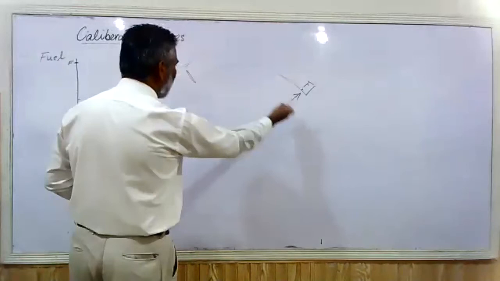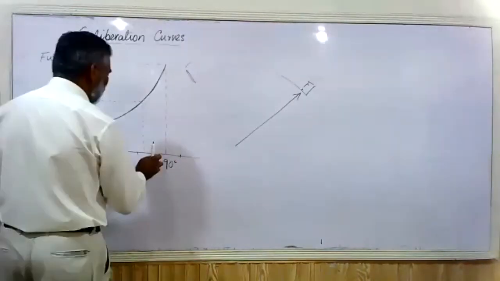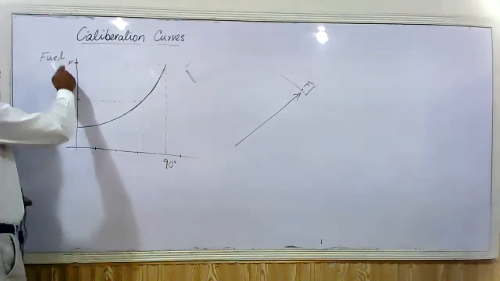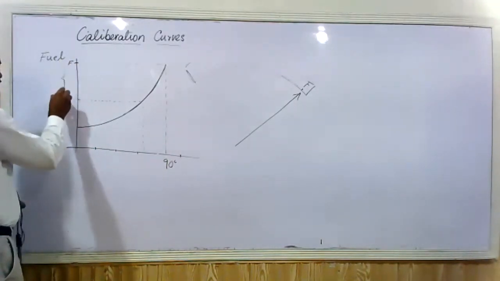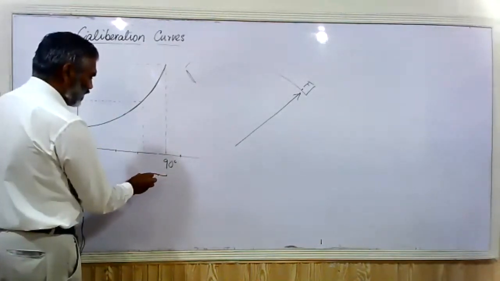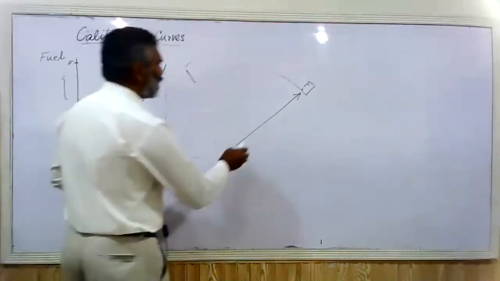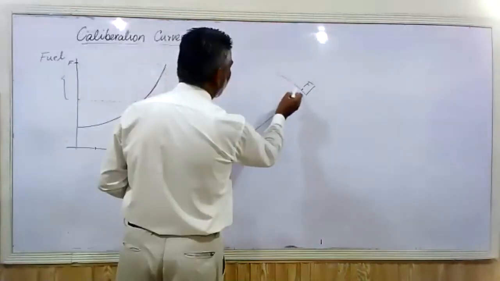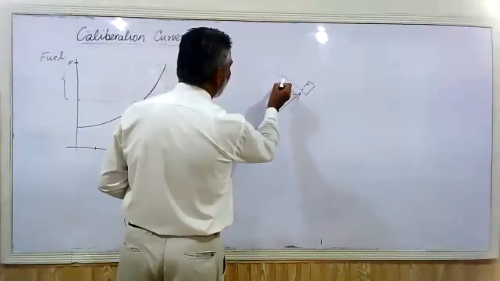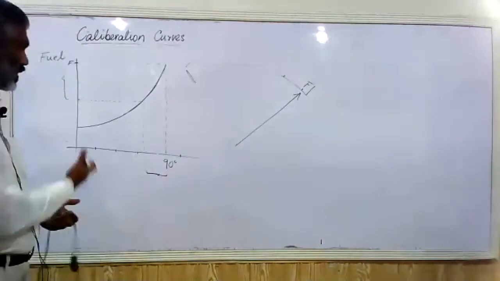So if this is full here, then this is 90 degrees. After you have consumed half of the fuel, the pointer has moved only through this angle. That means for half of the fuel, your pointer will move only through this one. This is what the scale is showing.